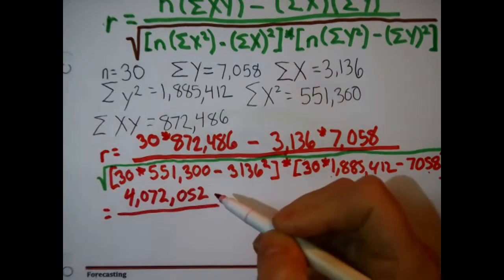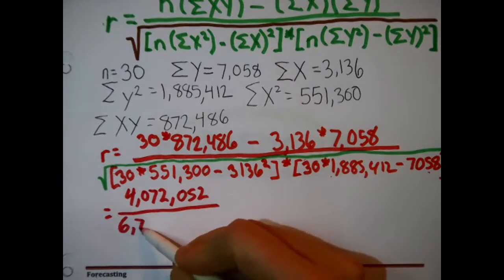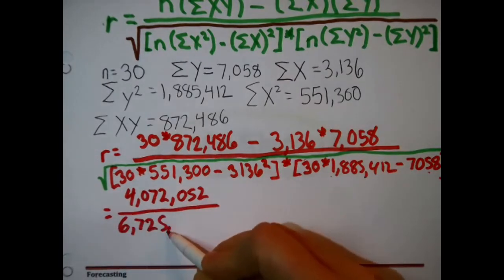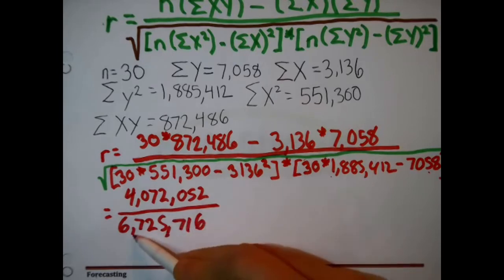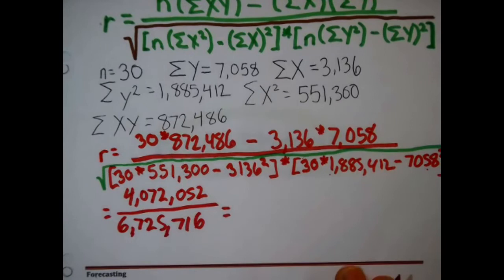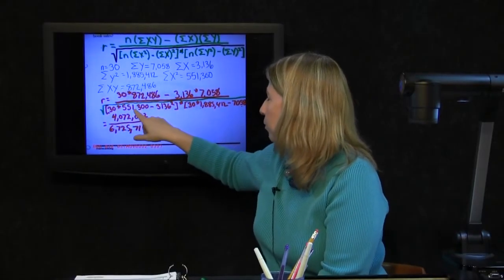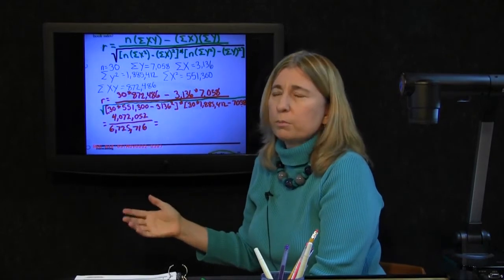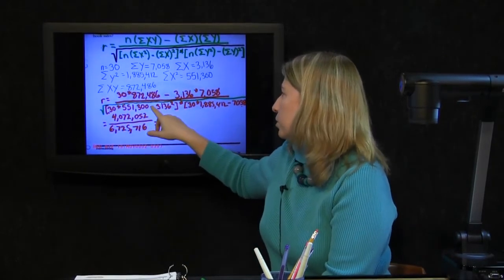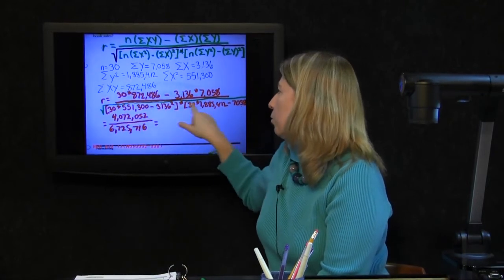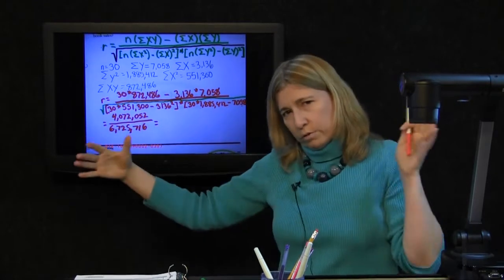And then in the denominator, 6,725,716. All right, now if you disagree with me, be careful about what probably went wrong, because this is a complicated formula. Remember, you always have to do your multiplication first, then your addition or subtraction, always reducing the parentheses and then moving outwards.